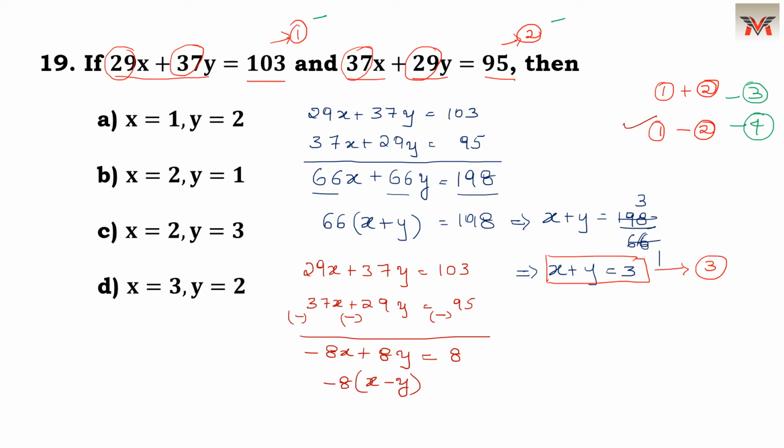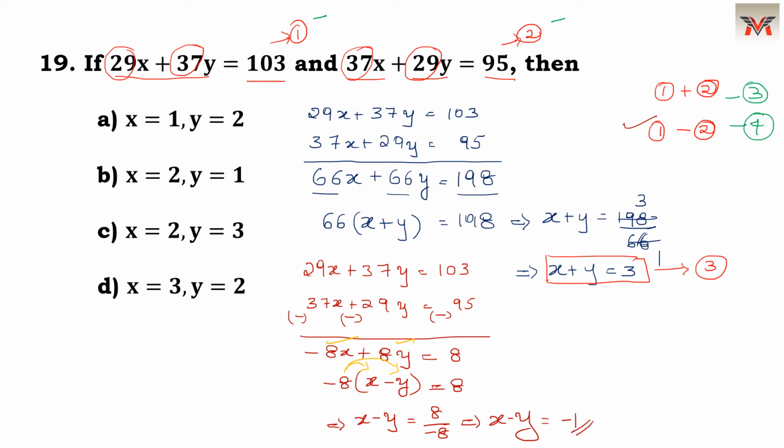Okay, just don't get confused with the sign. Multiply this and check whether your sign is correct. Minus 8 into x gives you minus 8x, as well as minus 8 into minus y gives you plus 8y. Therefore your sign inside the bracket is correct. That is equal to 8, or this gives me x minus y equal to 8 by minus 8, which is x minus y is equal to minus 1.